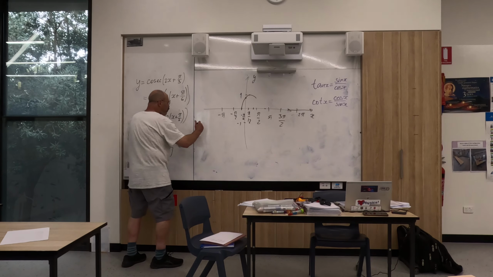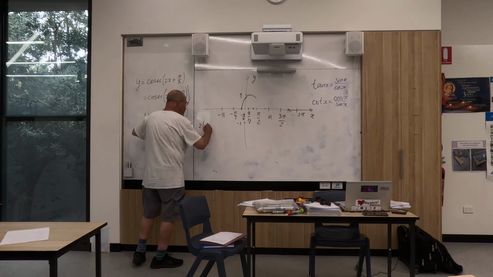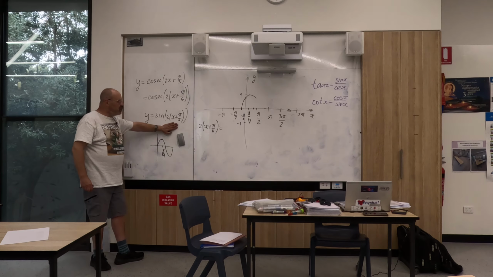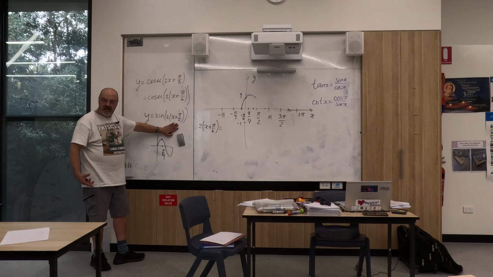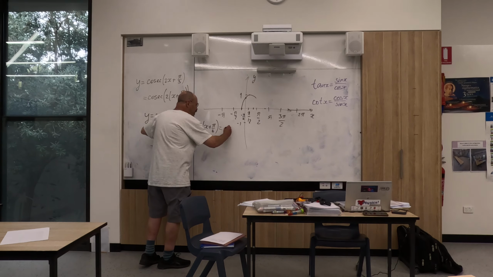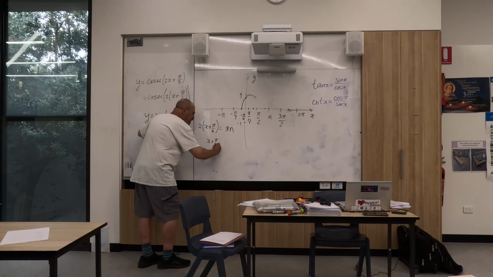Okay, let's solve. Let's solve 2 times x plus pi on 6 equals, to find the x-intercepts. Where does sine have intercepts? 0, pi, everywhere pi n. So 2 times x plus pi on 6 equals pi n, so x plus pi on 6 equals pi n on 2.